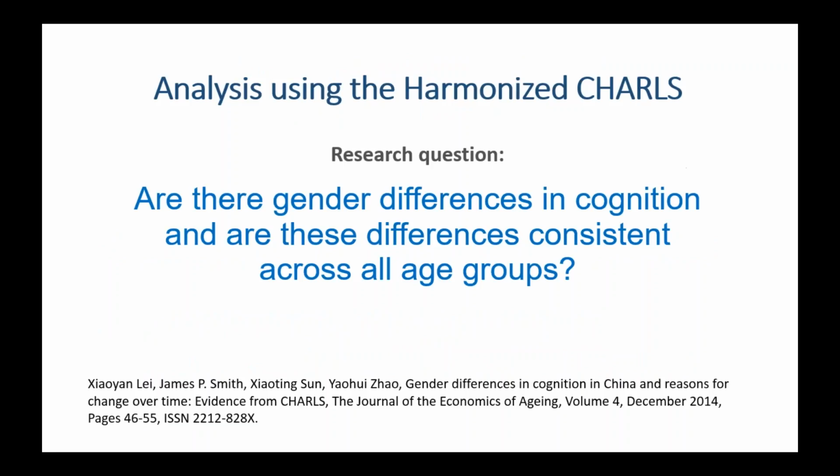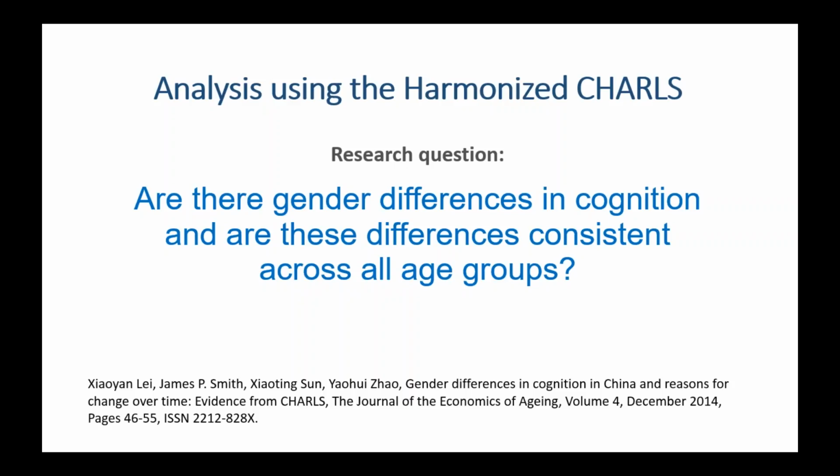So, analysis using harmonized CHARLS. We're going to pose a research question: are there gender differences in cognition, and are these differences consistent across age groups? We're going to talk a little bit about what cognition measures we'll be using here, and then we're going to look at some age groups. This is work that's already been done.